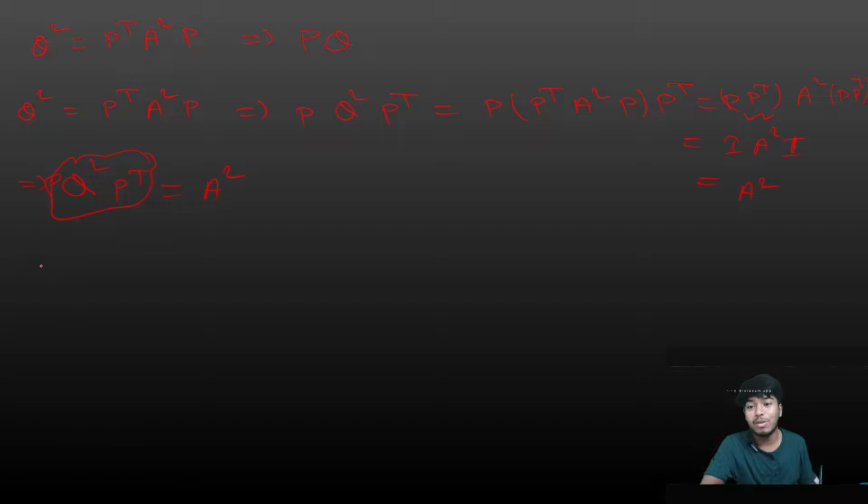Similarly, what is the next step? Next is Q cube. Q cube is P transpose A square P times Q. What is Q?